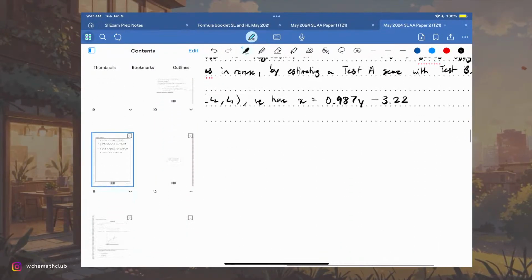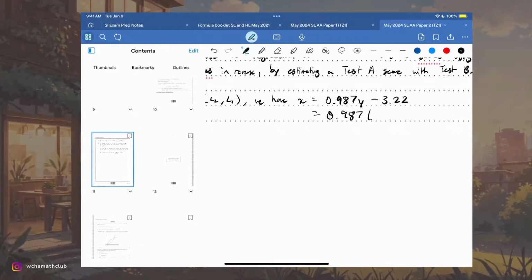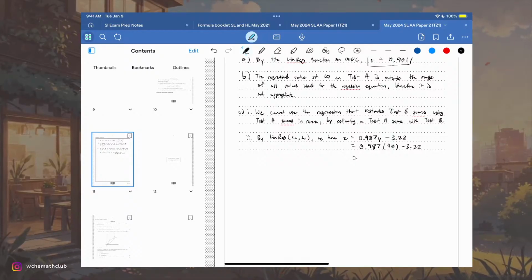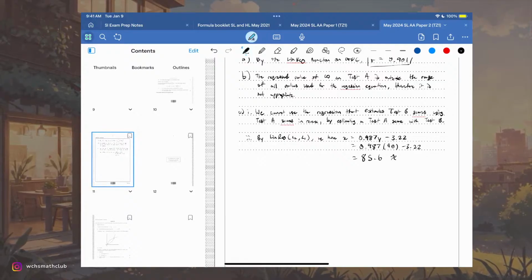So we substitute y equals 90. So 0.987 times 90 minus 3.22. Hopefully this gives us a value close to 86, which we get to be 85.61, which is approximately 86, just like so. And this is our final answer.